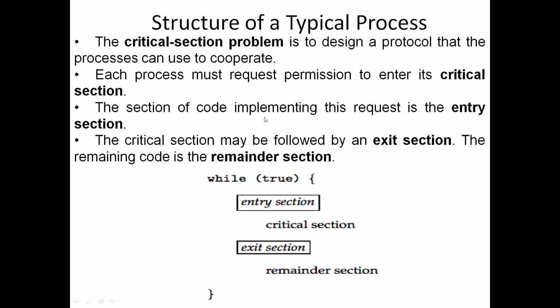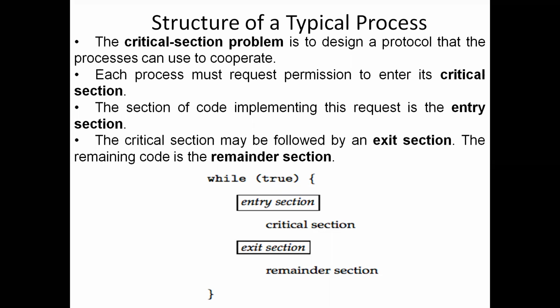The section of code implementing this request is called the entry section. In this entry section, each process will request permission to enter into the critical section.